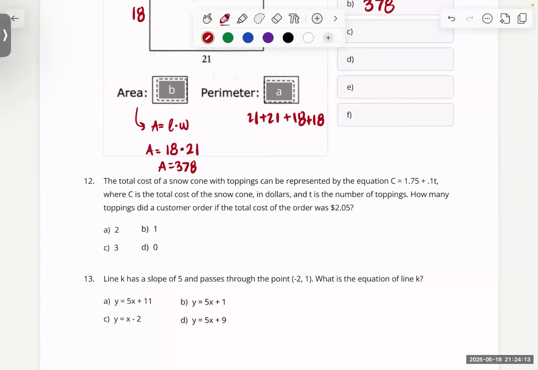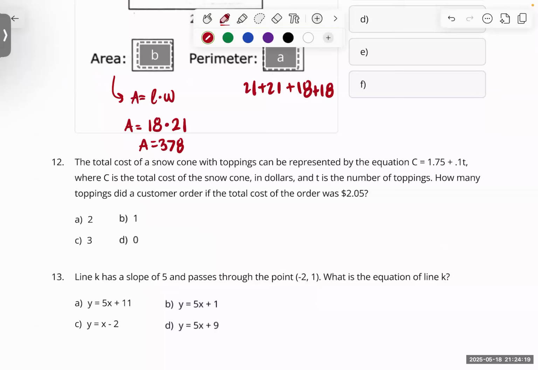Okay. The total cost of a snow cone with toppings can be represented by the equation C equals 1.75 plus 0.1 times T, where C is the total cost of the snow cone in dollars, and T is the number of toppings.